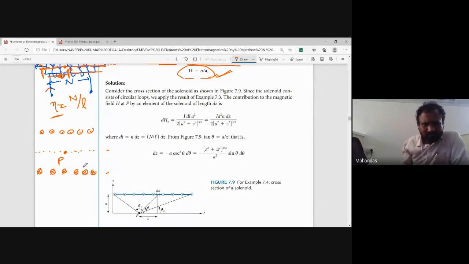And what is this length from here to here? From the axis of the loop to this point, this is the radius of the solenoid.